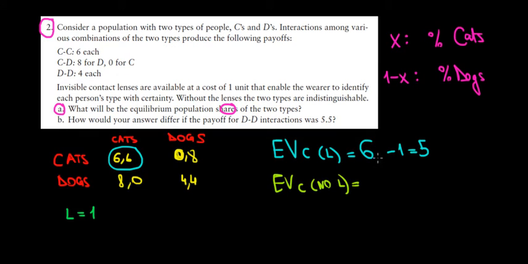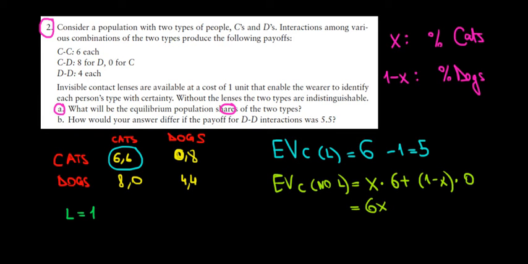Well, we know that that's gonna depend on probabilities. So with the probability of X that they interact with cats, they would get 6. But then with the remaining probability that they interact with dogs, they would get 0. So 1 minus X times 0. And if we solve the math, that would be just 6X.